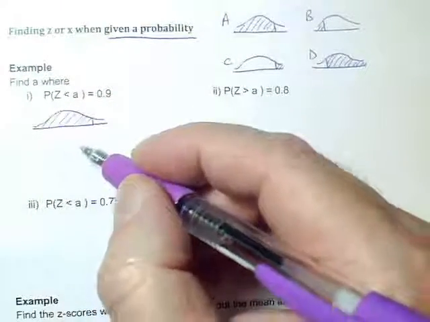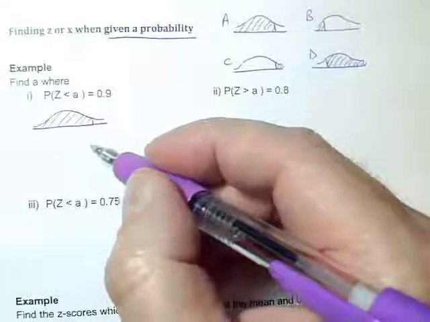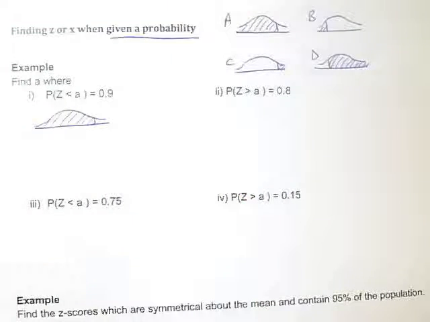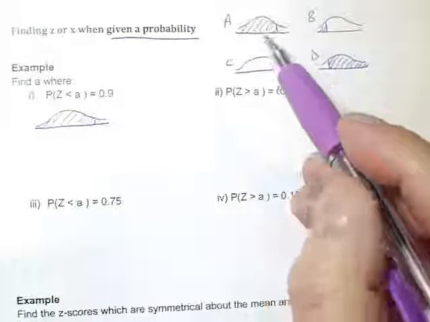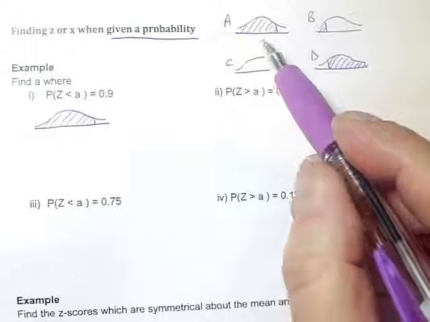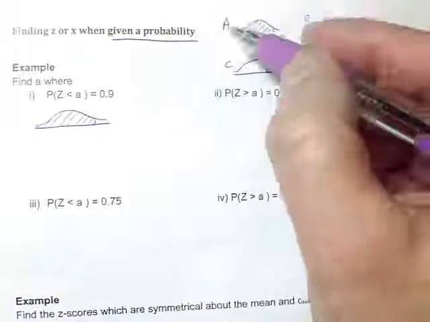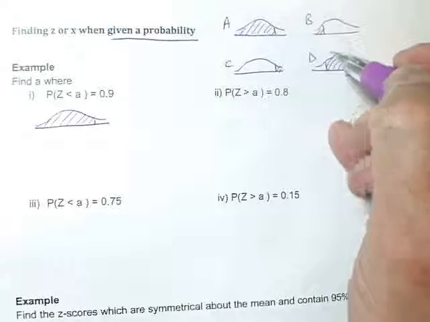So we're now going to use the inverse normal table. And we have to be aware that the inverse normal that we're going to use assumes that you've got picture A or picture B. It always works with a probability to the left.